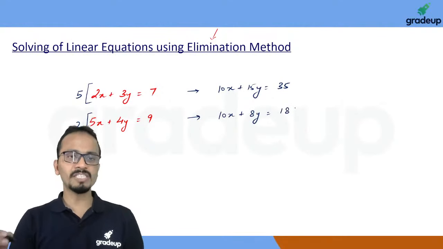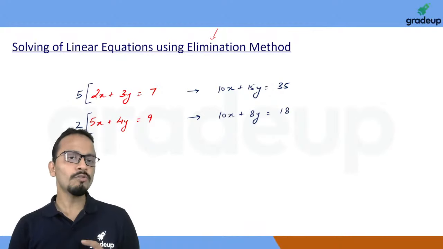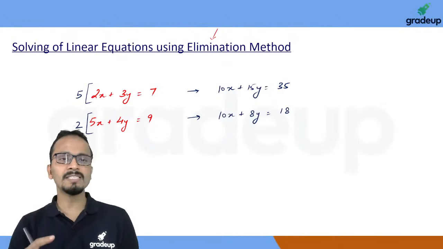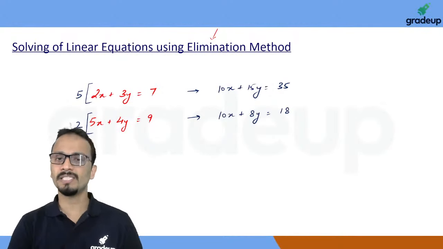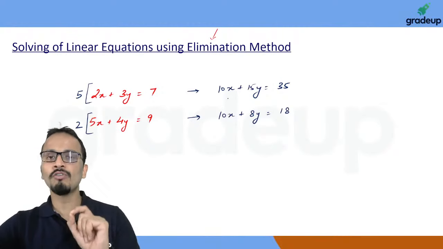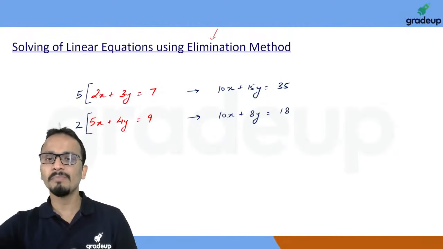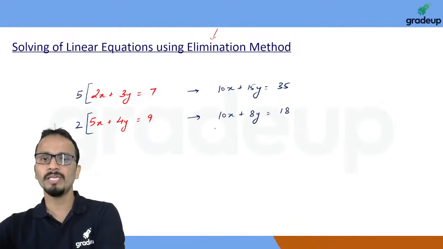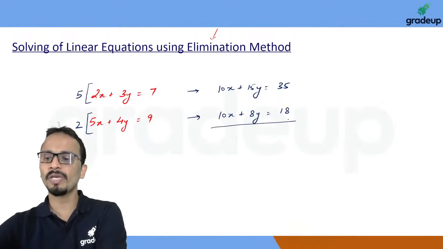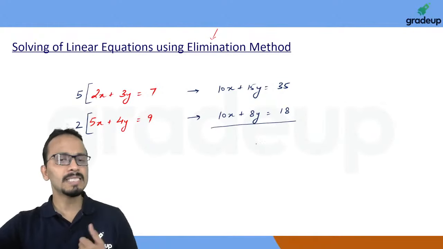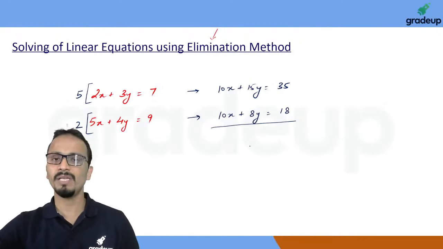What was the purpose of multiplying the first and the second equation by these numbers? If you observe the resulting equations, the coefficient of x is the same in both. So now I can subtract these two equations and successfully eliminate variable x.